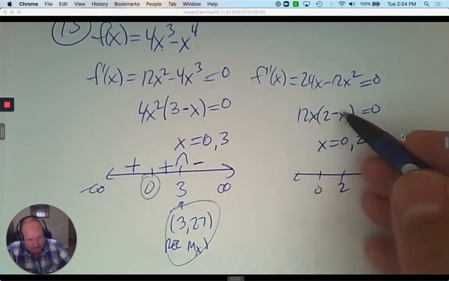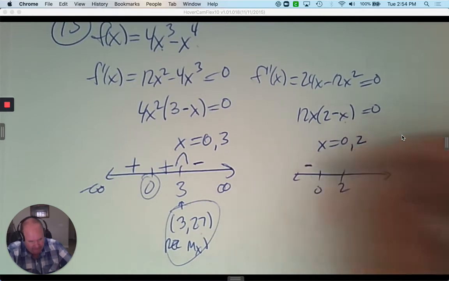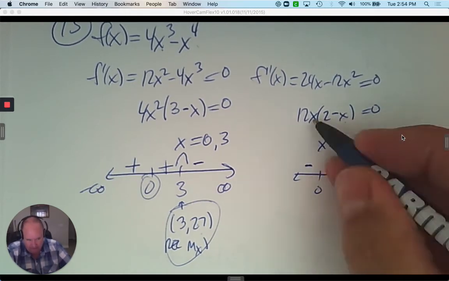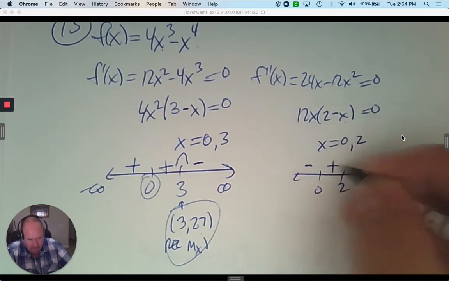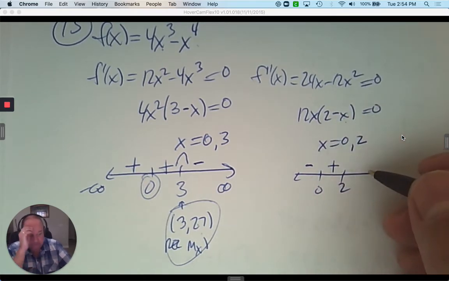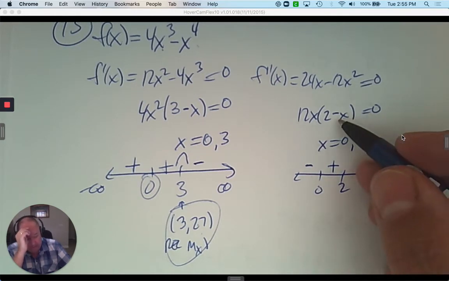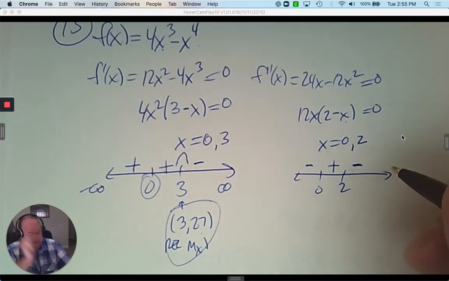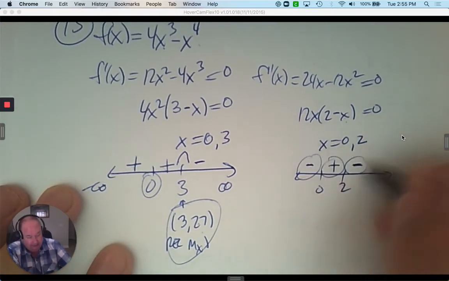That'd be a negative times a positive, which is negative. Between 0 and 2 is 1. So plug in positive 1, and you get a positive answer. And any number bigger than 2, like 4, will give you a negative times a positive, which is negative. So negative, positive, negative. So this tells you the concavity of our graph.